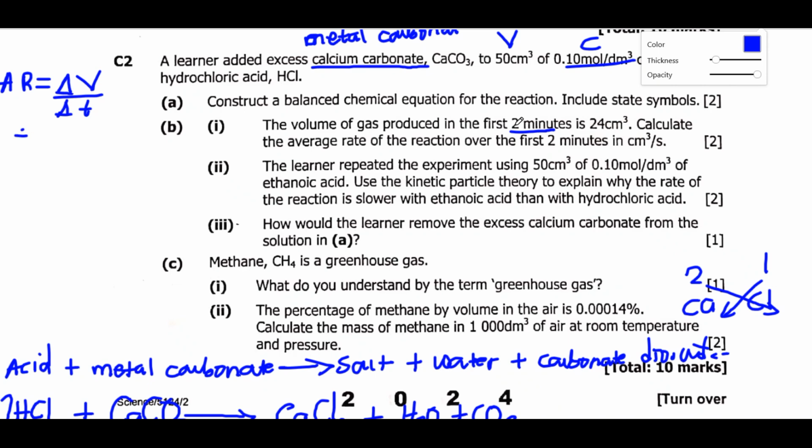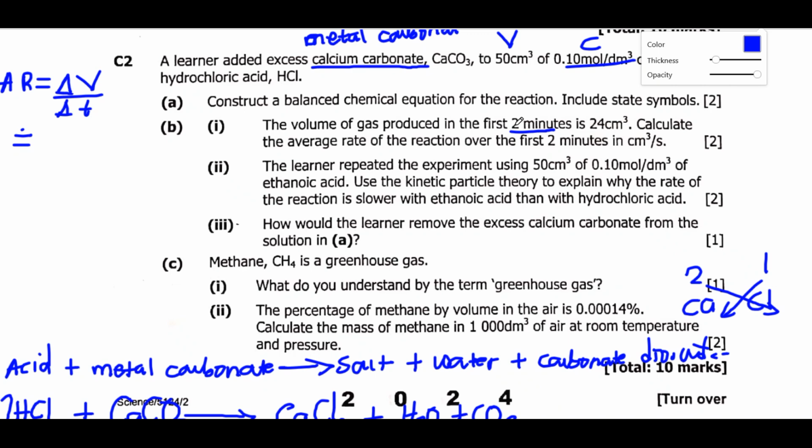Now, before we make calculations, you have to make sure that the time is in seconds, unless you are told otherwise. Now, if you look at this question, we are told 2 minutes, so we need to change the 2 minutes into seconds. So how do you change minutes into seconds? Remember, 1 minute is equivalent to 60 seconds.